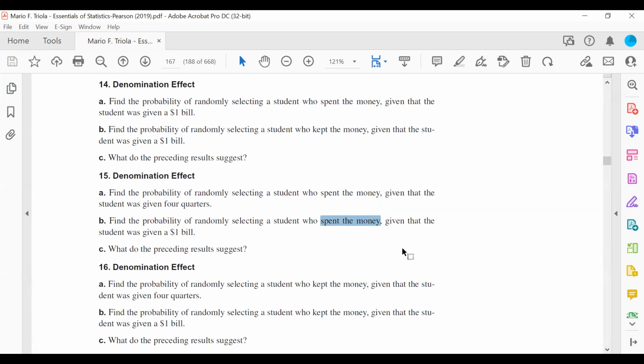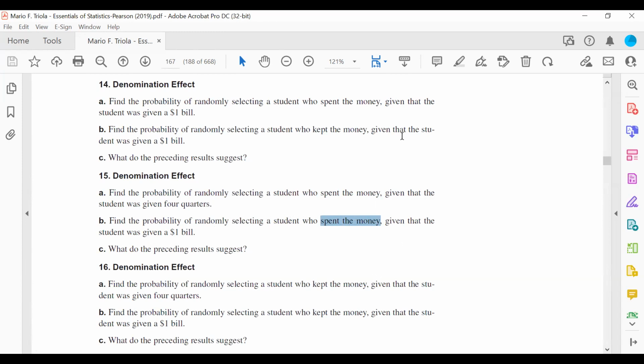So we got spent money, given is the line, given $1 bill. Yeah, that's different than 13B. So we'll have to do that one for sure.